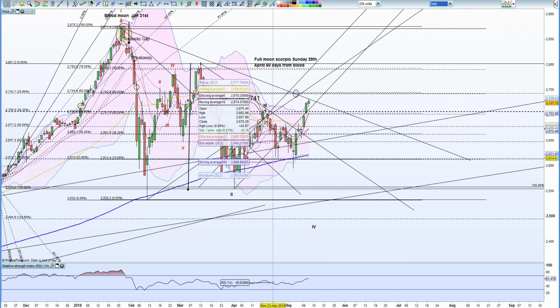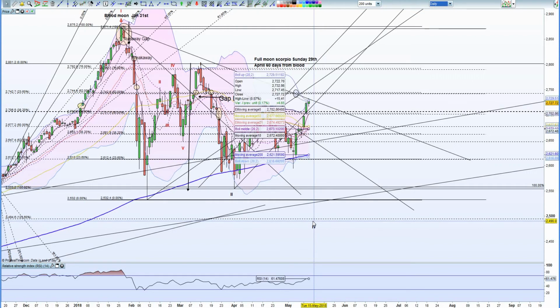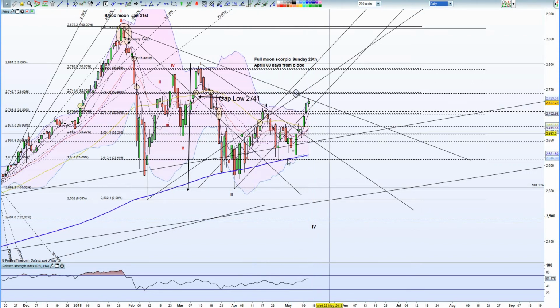So my last call was I was looking for a bearish 1, 2, 3 ABC or 3-wave down pattern with a target of around 2490 area. Obviously we didn't get that, so what happened?